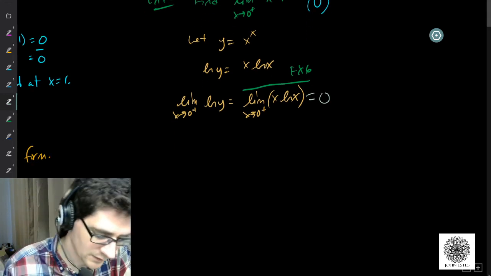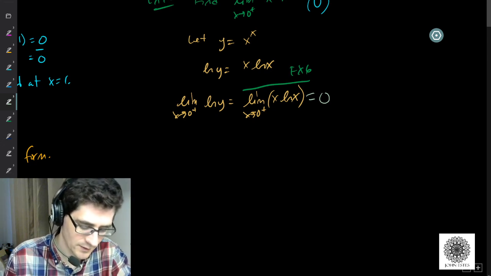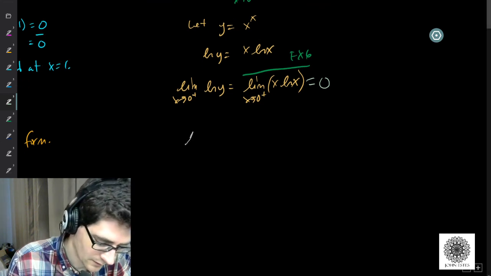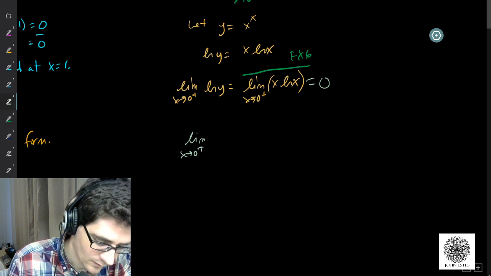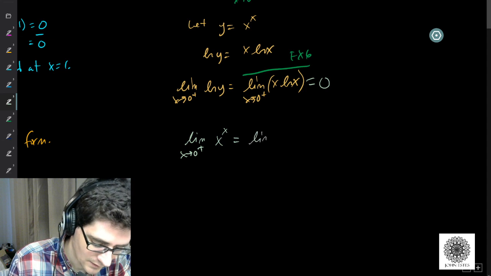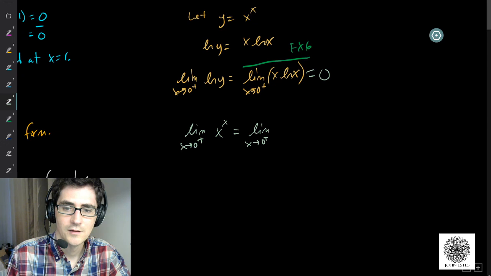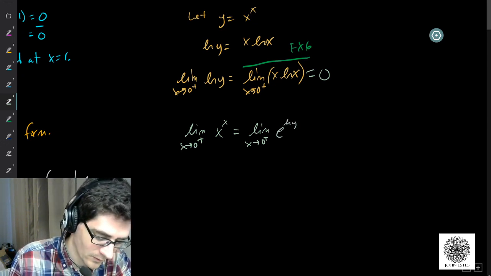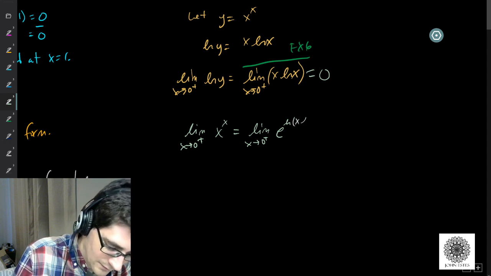Okay, so what we know then is that the limit as x approaches 0 from the right of ln y gives me 0. So what I really wanted, though, remember, was y, which is x to the x power. We're applying the same trick we did last time. Remember, if you have y, you could rewrite that as e to the ln y power. And what was ln y? x ln x.